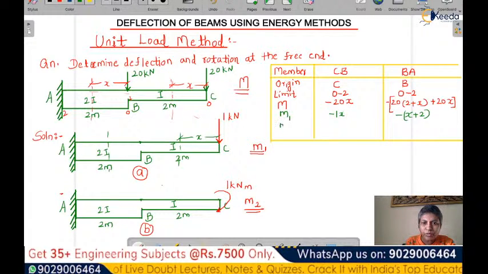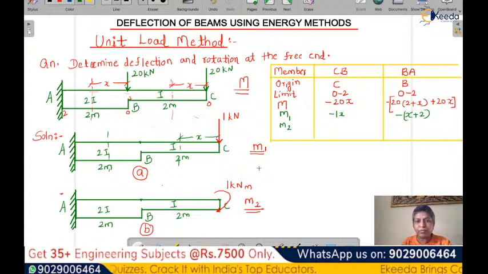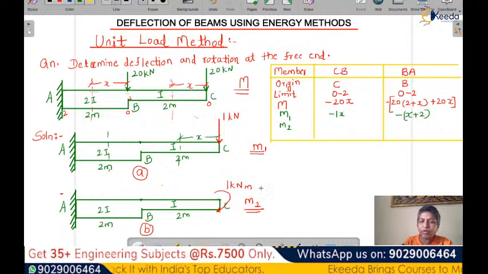Now because of m2, when we consider the rotation at this point, the equation for rotation will become minus 1, since the moment is already given, and this also minus 1. This becomes our moment equation because of the unit load.